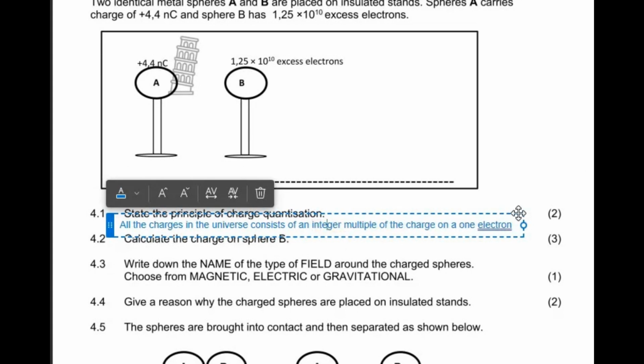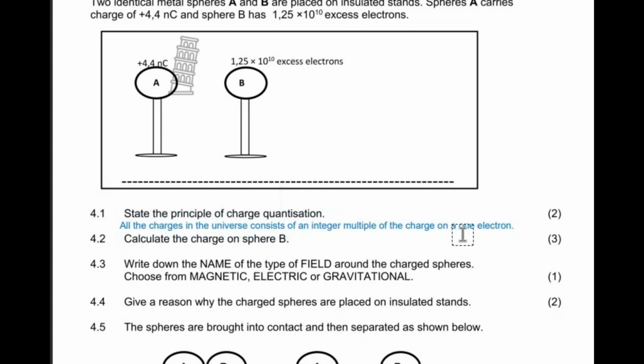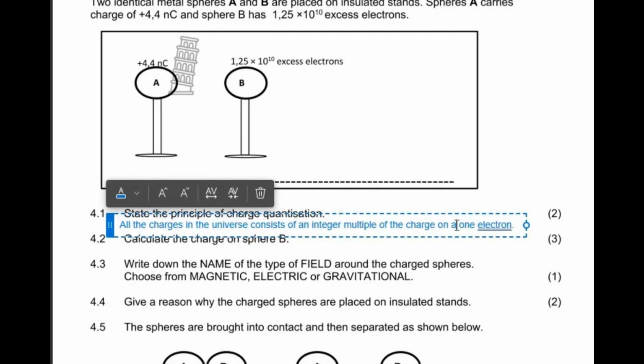So all the charges in the universe consist of an integer multiple of the charge on one electron.